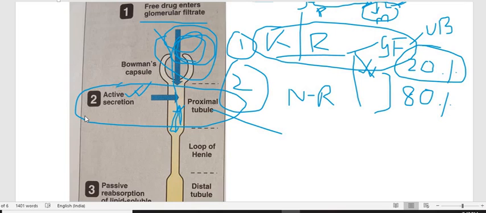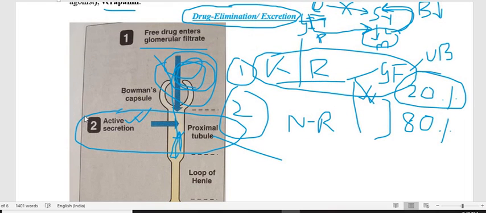So the second way of excretion of the drug is called active tubular secretion. This is also called active carrier mediated transport of the drug into the tubular lumen.